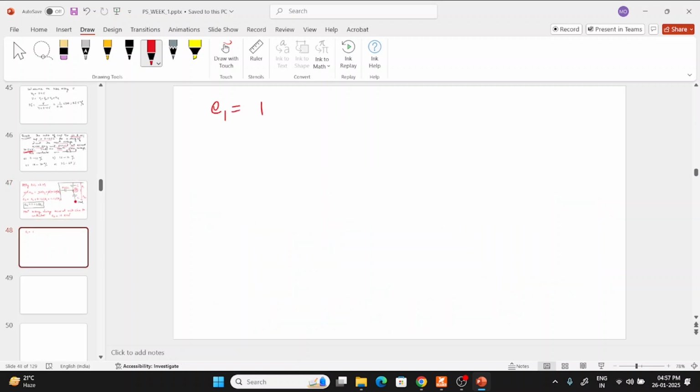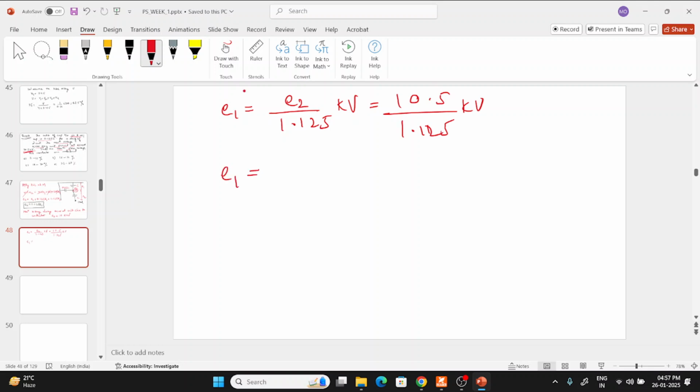E1 is equal to E2 divided by 1.125. So what is E2? 10.5 divided by 1.125 kV. So if we solve it, E1 comes out to be 9.33 kV. And E2 we already calculated 10.5 kV.